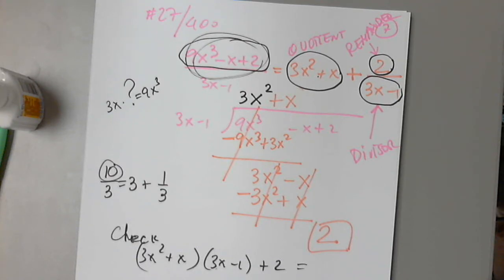Yes, Mike, sorry. Would it also be possible to set x in both equations, like the first before you divide them, and then what you get after they're divided, by a number like 10, and then solve both of them to see if you get the same answer? So you would like to divide? Like if you set the question like 9x cubed minus x plus 2 divided by 3x minus 1.